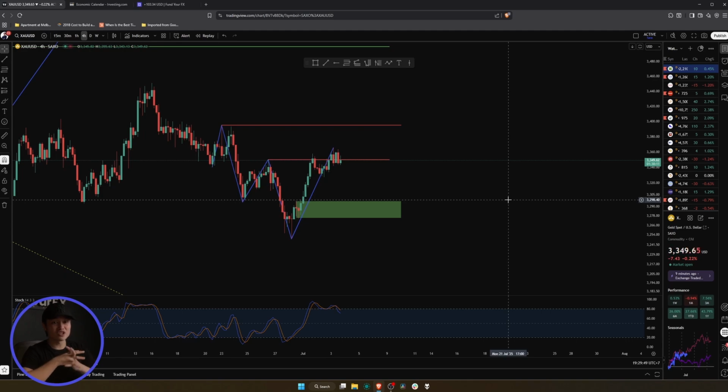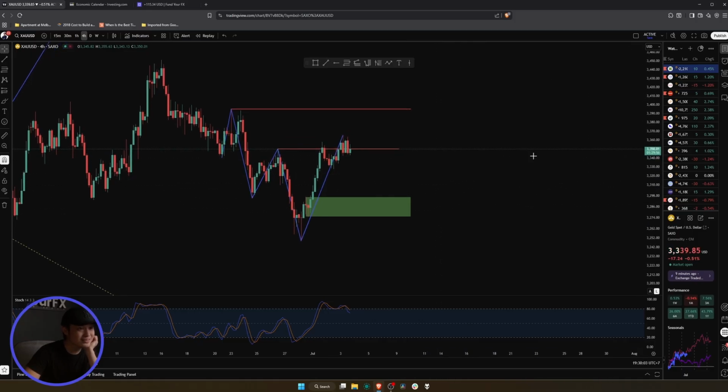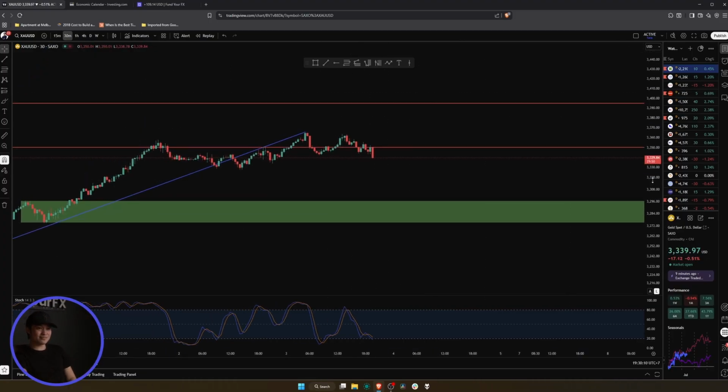And tomorrow the market is going to be closed because of the 4th of July Independence Day in the US. Now let's see, why so slow? One minute more. The data should have been released right now, but the market hasn't moved. Let us see the 30 minutes time frame.